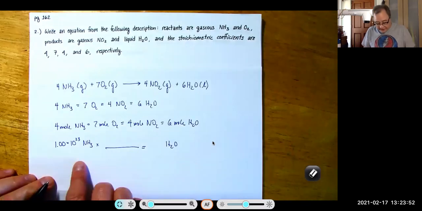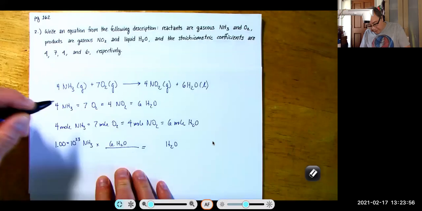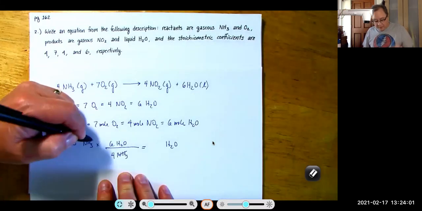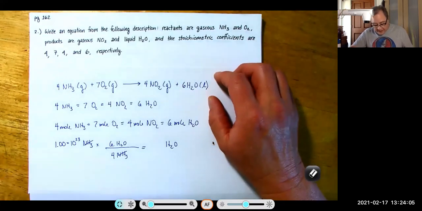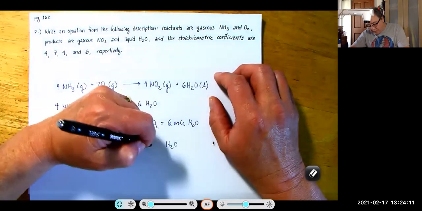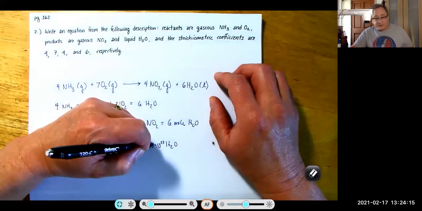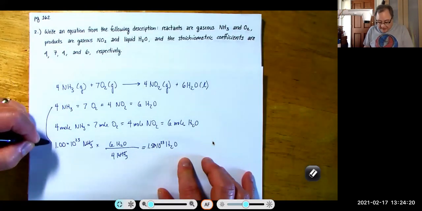Well, we would say you get 6 H2O for every 4 NH3, and then we would have our answer. And the answer would end up being 1.50 times 10 to the 23. So you see how we used this to calculate that?